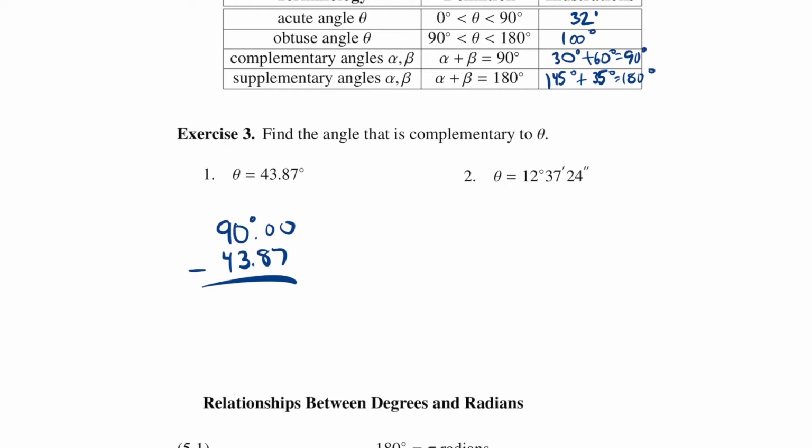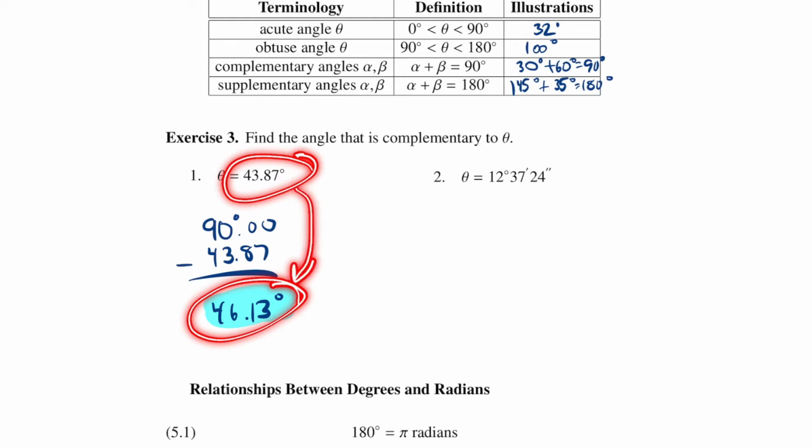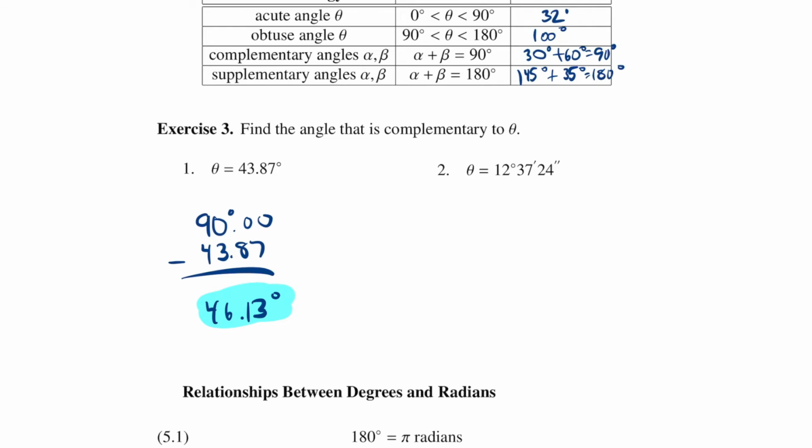You're going to get the angle 46.13 degrees. So this angle and this angle are complementary because if you find their sum, it'll be 90 degrees.